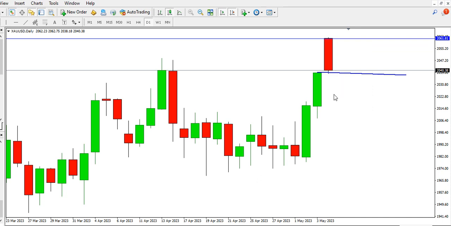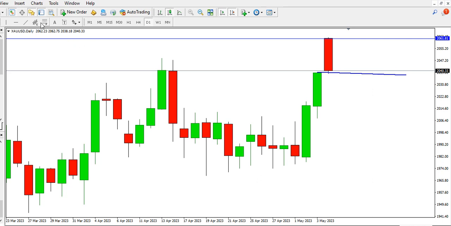So on the daily time frame, though the trend is bullish, for now look for sell opportunities, look for a way to sell, because after the gap is filled, what I foresee is that price will start to drop further.